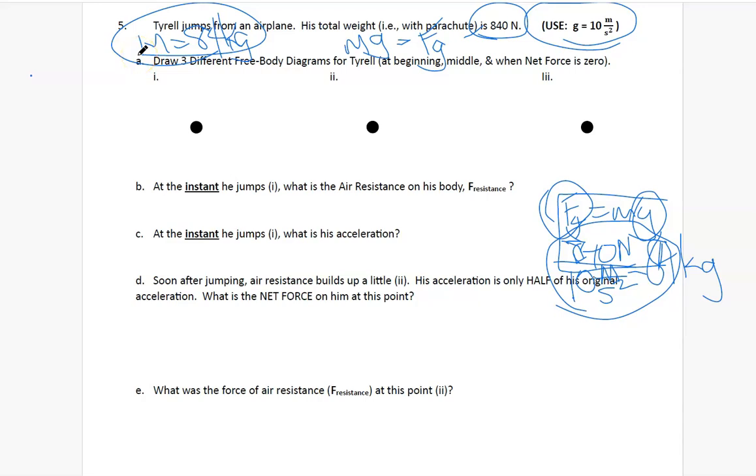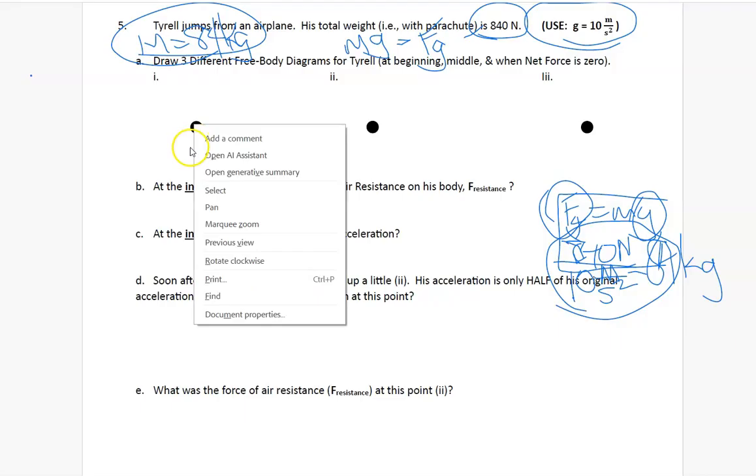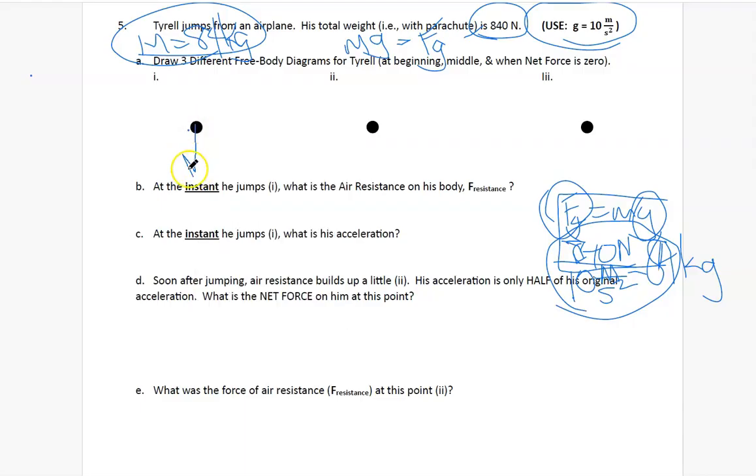All right. Draw 3 free body diagrams for Tyrell at the beginning, the middle of his jump, and when the net force is 0. So the idea here is Tyrell's jumping from a plane, and the second he jumps from a plane, what force is on him? Well, he has a weight. Just because there's no ground doesn't mean he doesn't have a weight.